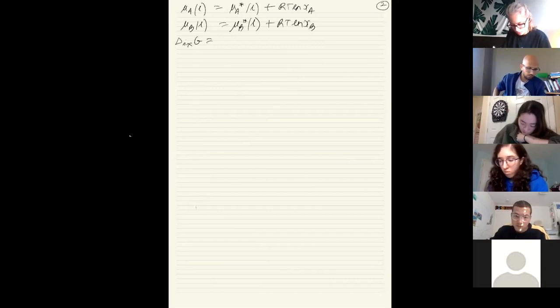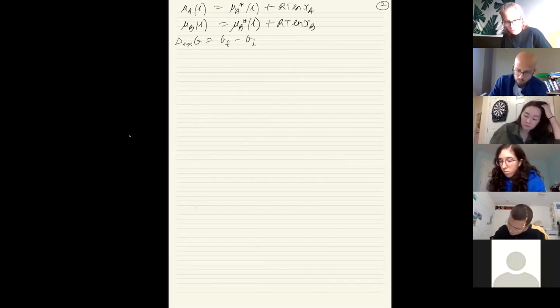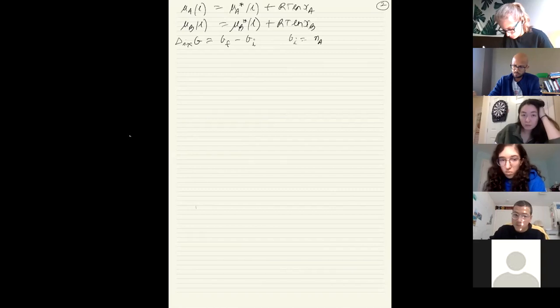In order to do this, we have to think about, once again, G final minus G initial. What is G initial? G initial now is Na moles of A, but when you have pure A, we are using a star, right?